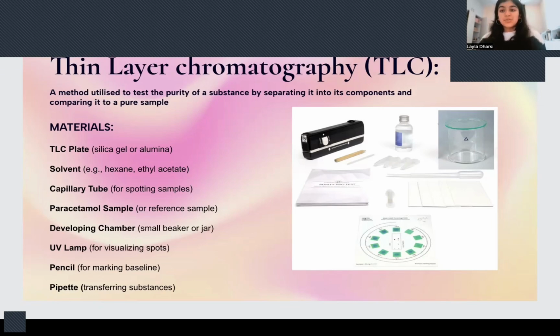The main materials for this process are a TLC plate that has silica gel or alumina, a solvent, either hexane or ethyl acetate, a capillary tube used for spotting samples, a paracetamol sample, because that's what we're testing, a developing chamber, such as a small beaker or jar, a UV lamp for visualizing spots, and a pencil for marking the baseline, as well as a pipette for transferring substances.